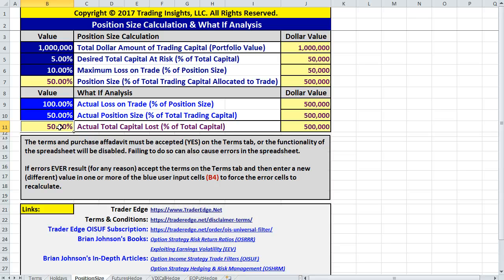That's the same example that I mentioned before, which would require a 100% return on capital in order to return to break even. So what happened? What happened was that we had an invalid assumption. We intended to limit the maximum loss on the trade to 10%, but we actually incurred a maximum loss of 100% on the trade. Can this happen in practice?